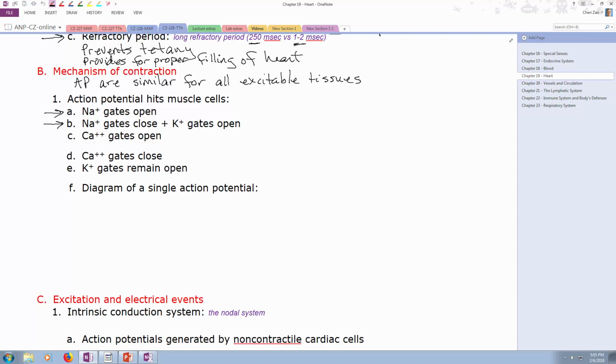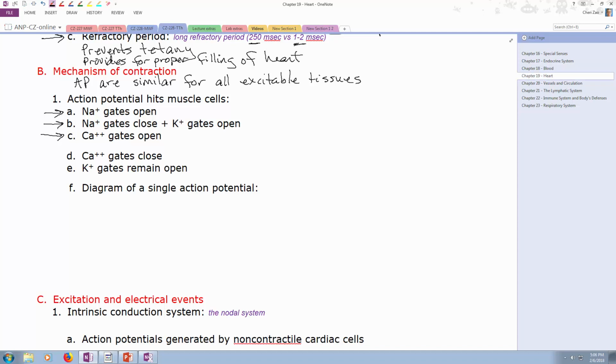Do you guys remember what also goes into the axonal terminals before exocytosis can occur? Calcium entry. That's voltage sensitive. Okay, so this is really interesting because all of a sudden at this peak, when sodium gates are closing and potassium gates are opening, all of a sudden we have calcium gates opening.